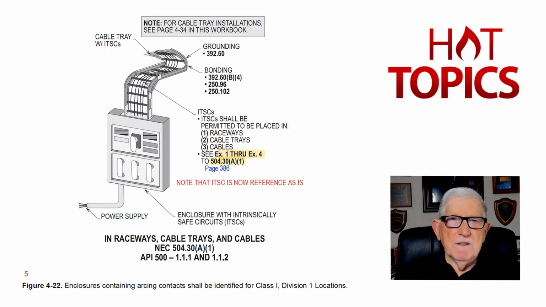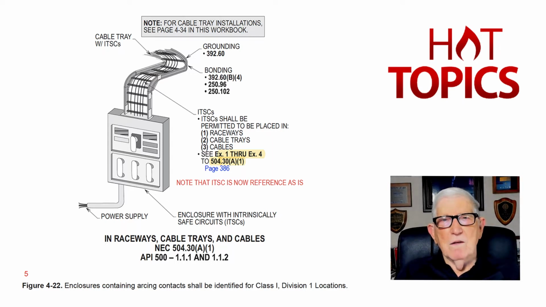And then if you happen to have a copy of our electrical design book, you notice in the note we keep you going from page to page, figure to figure, until you get a complete circle made on just exactly what the code requires when you deal with intrinsically safe circuits.